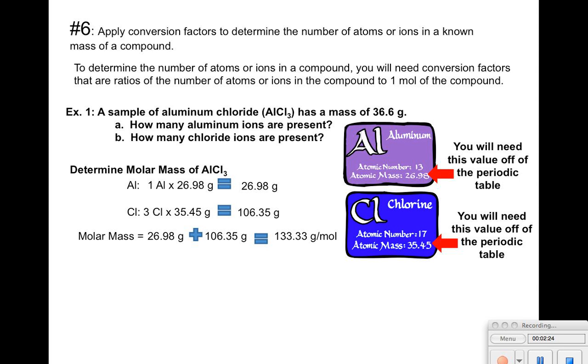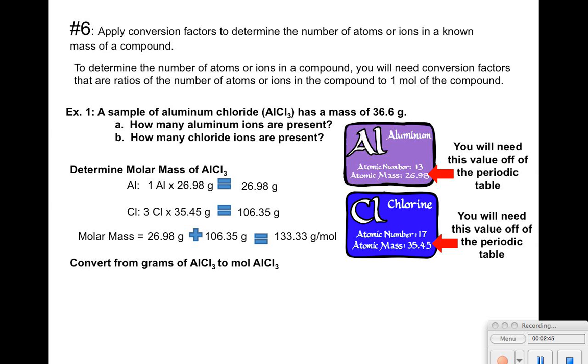So anytime we're looking at ions that are present or atoms that are present, we need to get to moles. So how do we go from mass of aluminum chloride to moles of aluminum chloride? We need to determine the molar mass. So that's why we had to solve it first. So now we got to go back to the problem. We were given a sample of 36.6 grams.